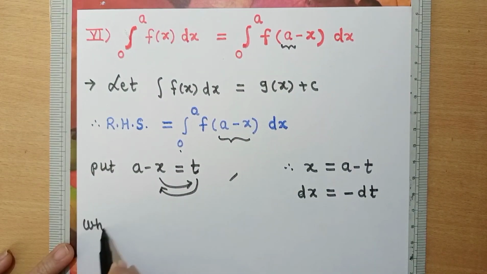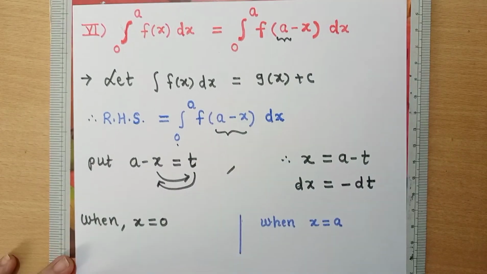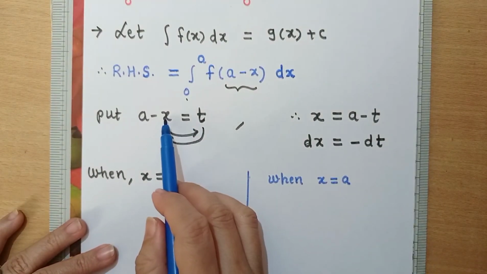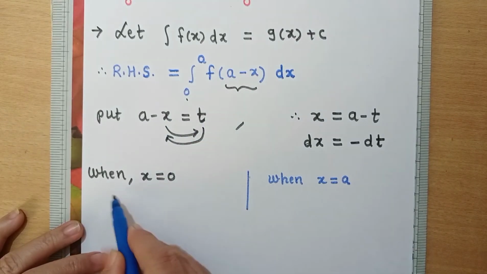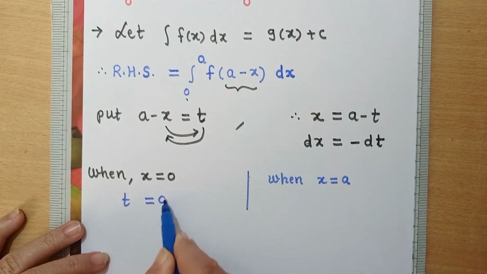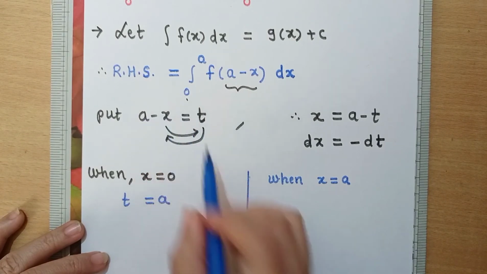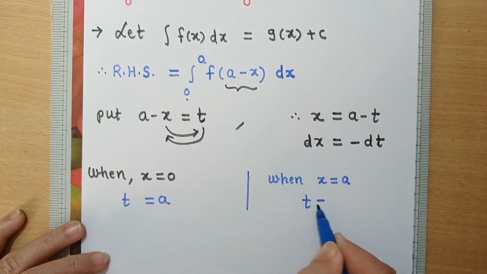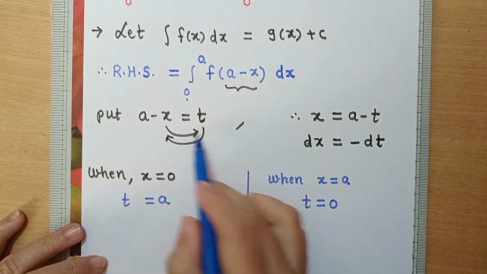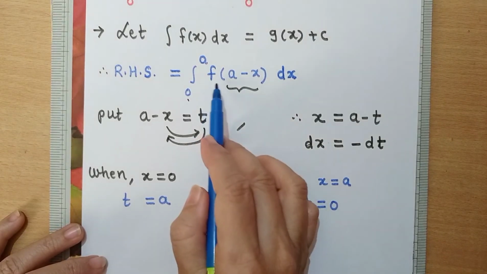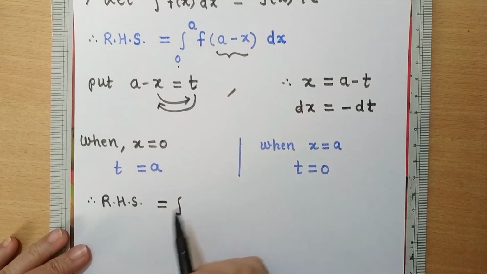Now we have to change these limits also. So when x is equal to 0, t is equal to a, and when x is equal to a, a minus a is 0, then t is equal to 0. So we will substitute these things here.